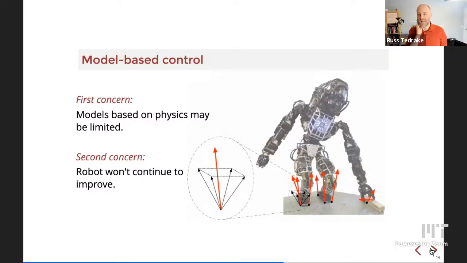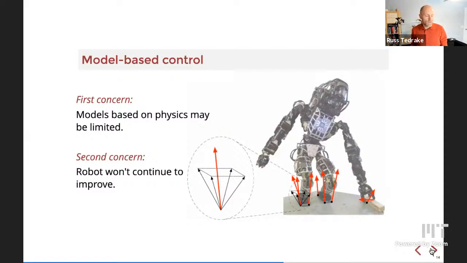We spent a long time with this robot, and all of our balancing control and walking control and the like was based on models. So we started off by writing the equations governed by rigid body mechanics, and then we developed controllers based on those models.